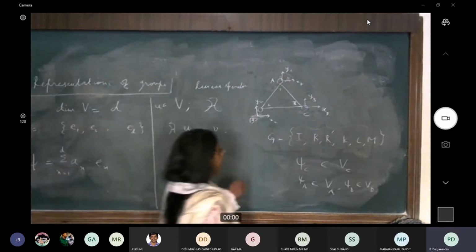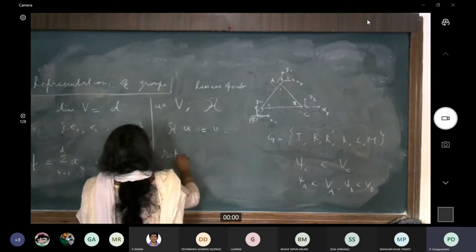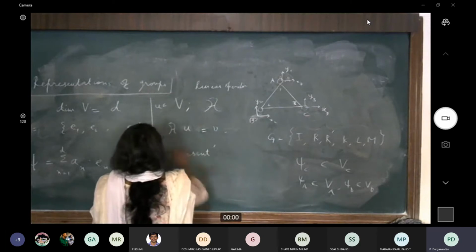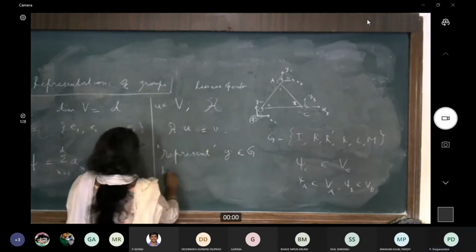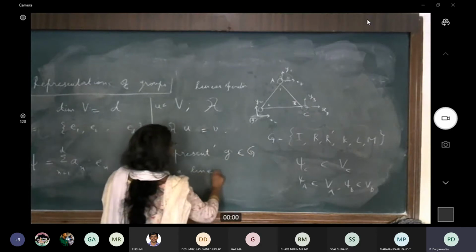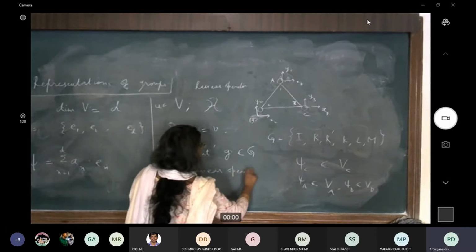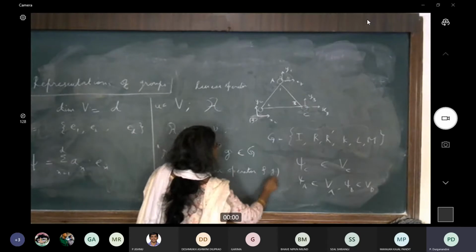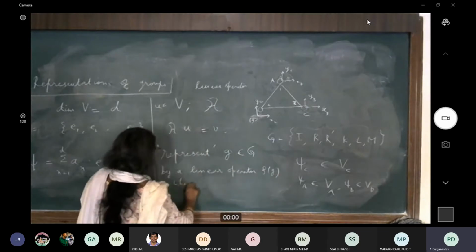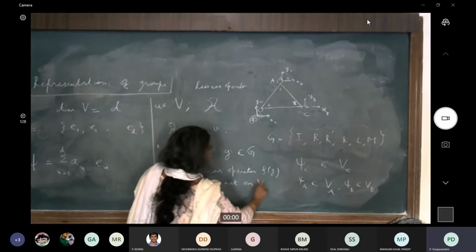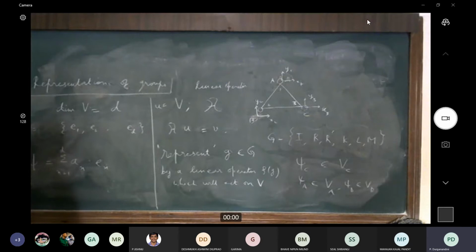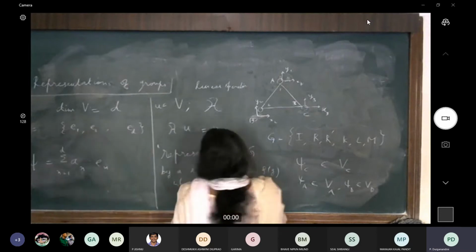So I can say that I will now represent this G belonging to the group G by a linear operator, rho of G, which will act on the vector space. So in other words, what I'm going to do now is this.